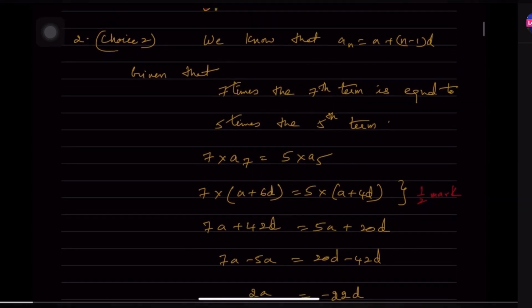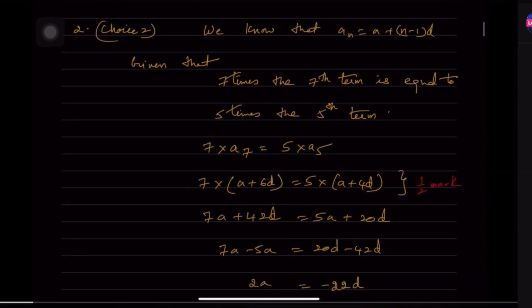Here we know that an is equal to a plus (n minus 1) into d. Given that 7 times the 7th term is equal to 5 times the 5th term, so 7 into a7 is equal to 5 into a5. Using an formula, a7 is equal to a plus (7 minus 1) into d, which is a plus 6d. And a5 is a plus (5 minus 1) into d, that is a plus 4d.